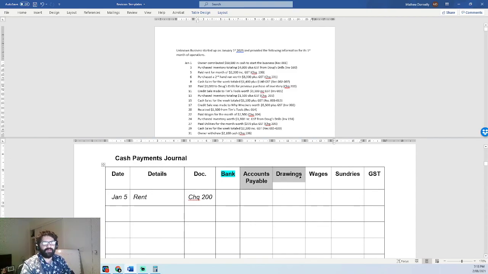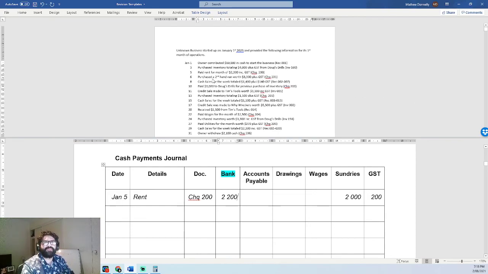Now there is no subheading for rent, so it needs to go in sundries. And that's why it's important for details to write what it is. Now it includes GST, so we're going to put GST back in. We see 2,000, 10% of 2,000 is 200, and the bank is 2,200. Simple.